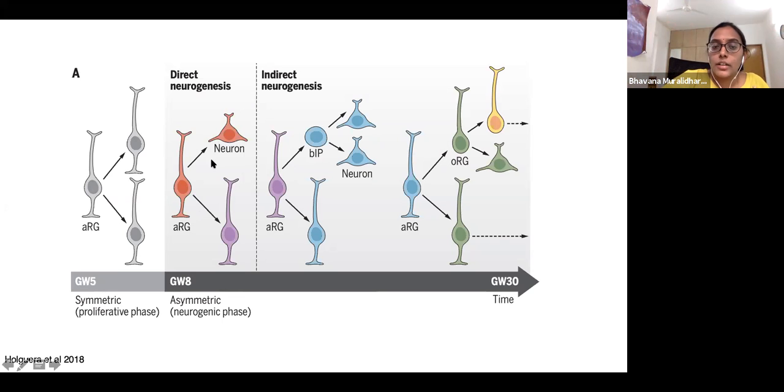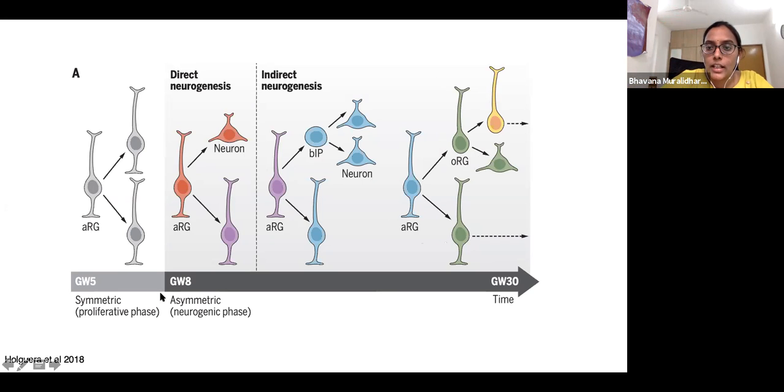So this is type 0 as seen in the Drosophila, and the indirect neurogenesis, which I told you, is when apical radial glia form the basal intermediate progenitor, which can undergo one or two divisions or directly form neurons, or the ARGs become ORGs, which can again give rise to neurons and ORGs, and that then sustains the neurogenesis. And I'll come in a bit to how the expansion of this ORG has given the neocortical expansion.